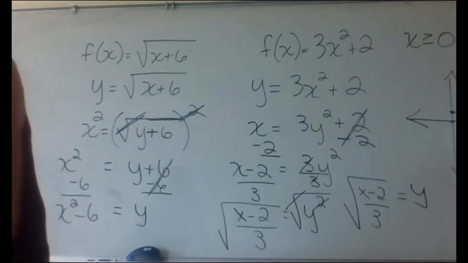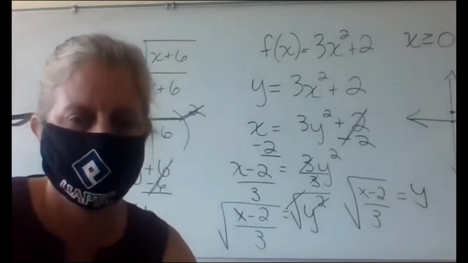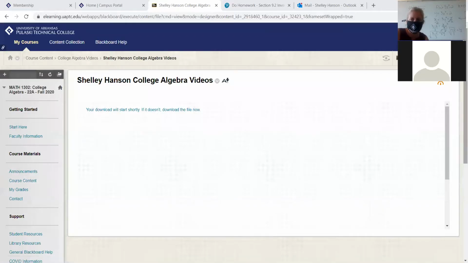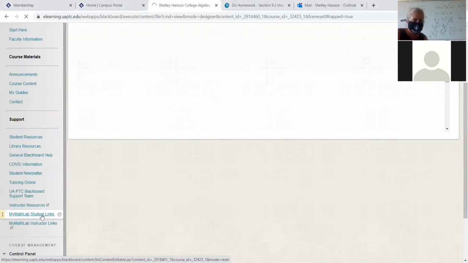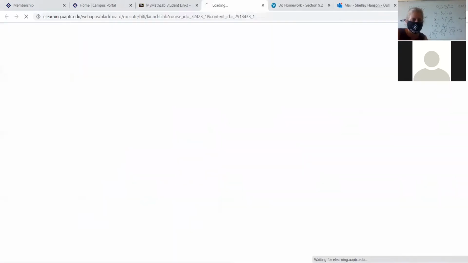Okay, now before I stop the recording, I do want to show you one thing. Let me share my screen. In your homework, which will be in student links, my math lab, all assignments.